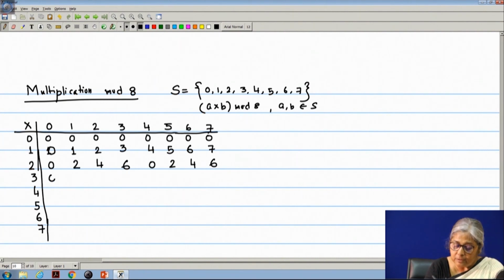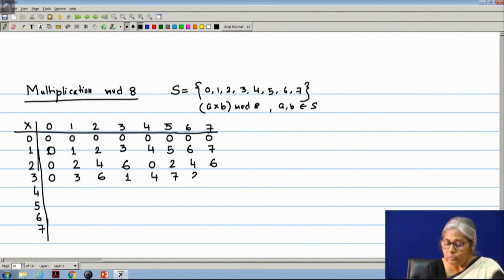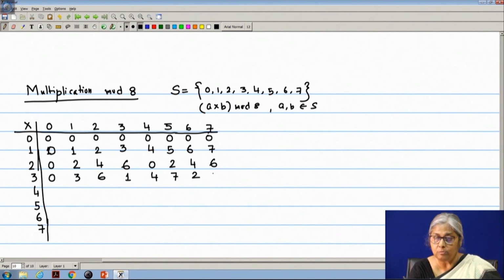Now similarly, 3 into 0 is 0, 3, 6, then 3 into 3 is 9, and 9 modulo 8 is 1; 12 modulo 8 is 4; 15 modulo 8 is 7; 18 modulo 8 is 2; then 21 modulo 8 is 5.